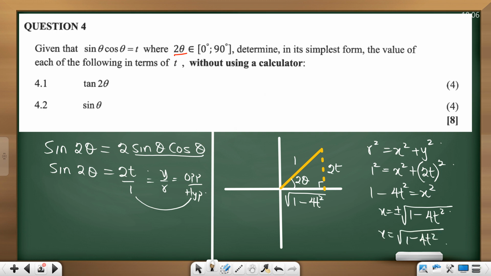Once you get to this point, forget the rest of the question. You can do it. Once you get to that point, you have your triangle. You can do just anything now. Tell me, tan 2 theta. What is tan? Now we know our x, we know our y, we know our r.